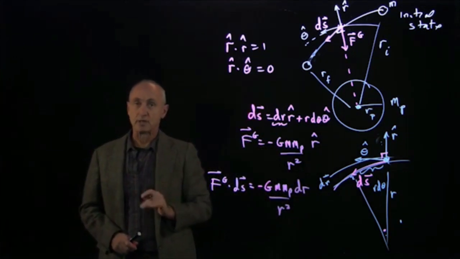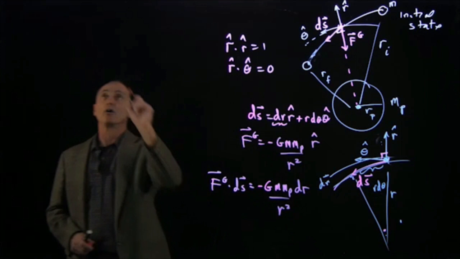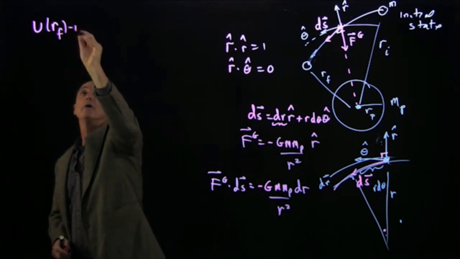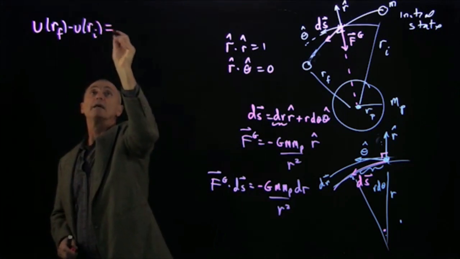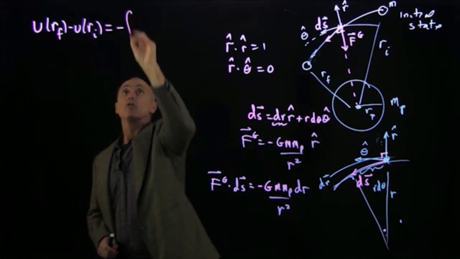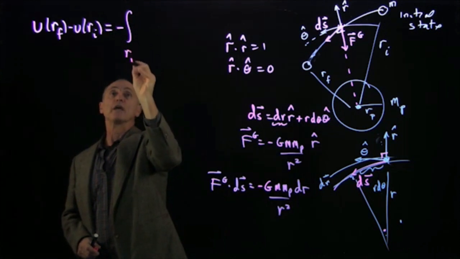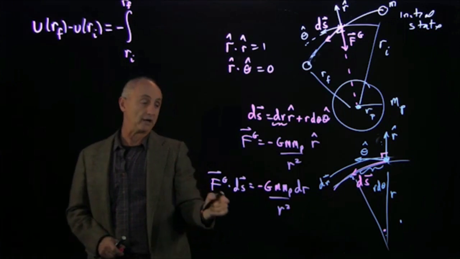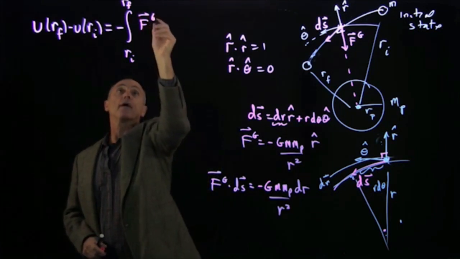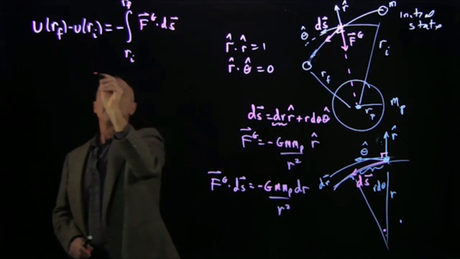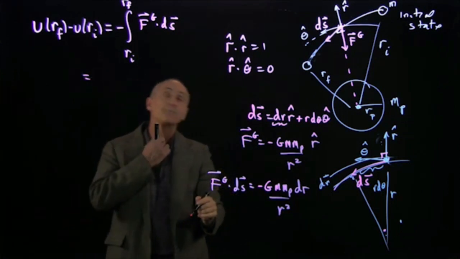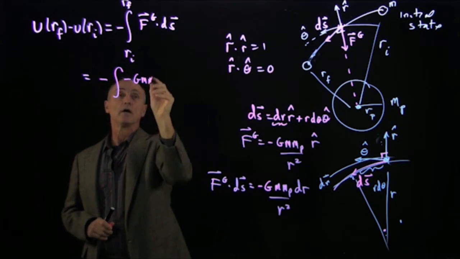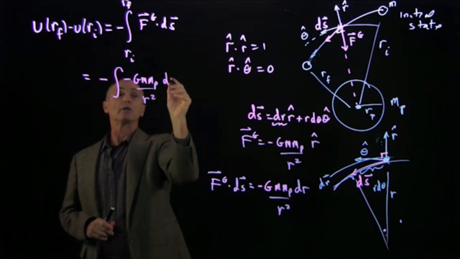And that's the first step in calculating our potential difference, because U of r final minus U of r initial by definition is minus the work done in going from the initial state to the final state, which are described by these parameters r initial and r final, of F gravitational dot ds. And now we have actually a minus sign in the definition, another minus sign coming from the dot product.